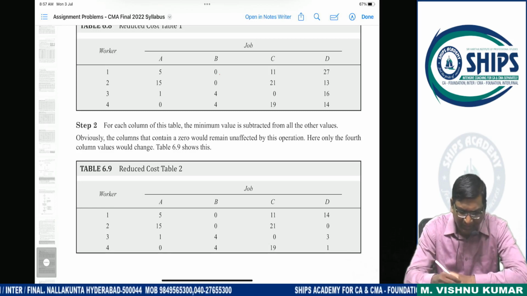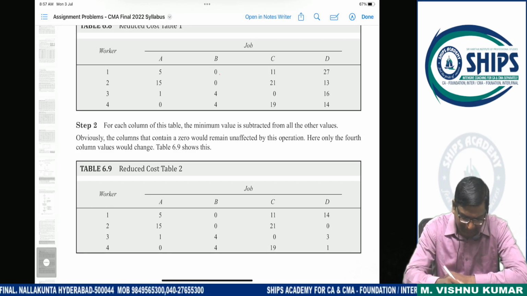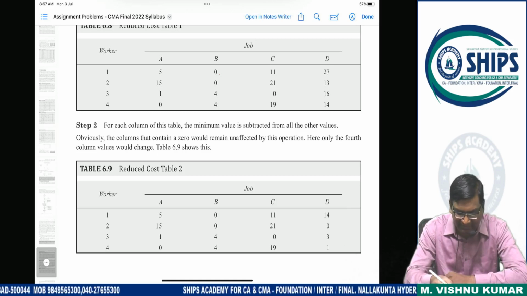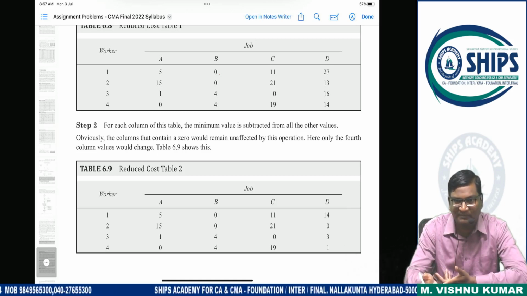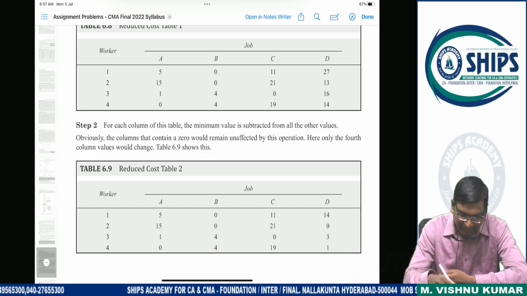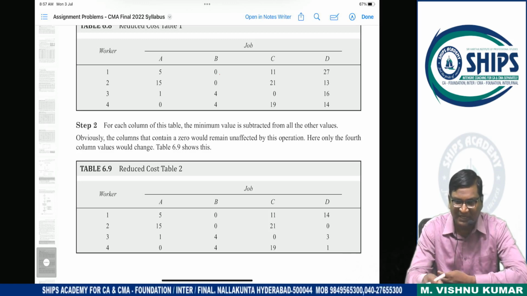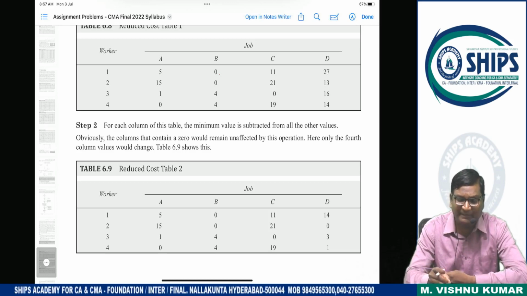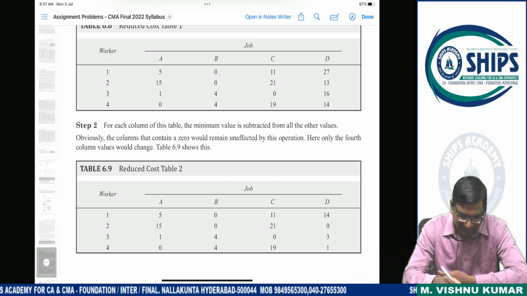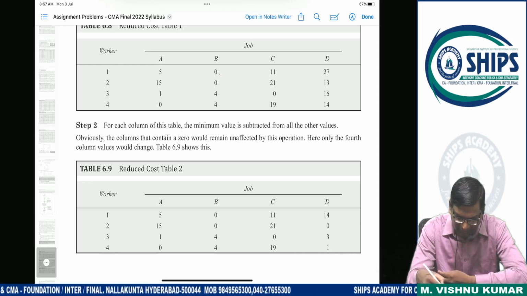So if you perform column operation, it will not change. 5 minus 0, 5. 15 minus 0, 15. 1 minus 0, 1. 0 minus 0 only. It means if any column has a 0, its result will not change in column operation. It will remain the same. Second column, same result. Third column also same result.